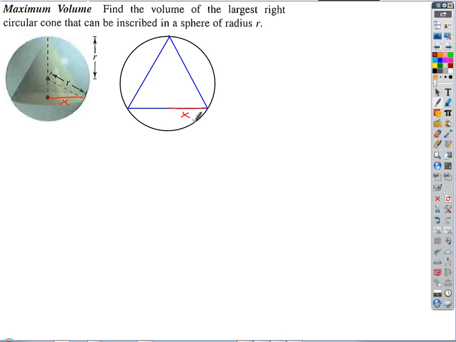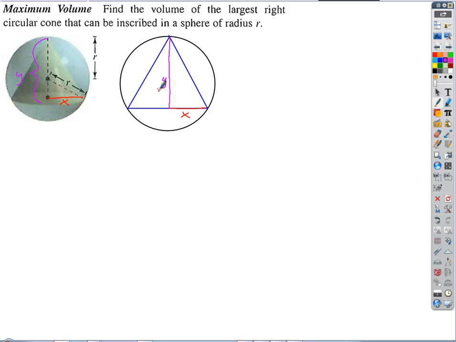Right? And then what else? We need the height of the cone, right? Yeah. The height of the cone would be up here. This is going to be the height, which we'll call, how about y? And right here, that's our y. Okay? No big deal, right?